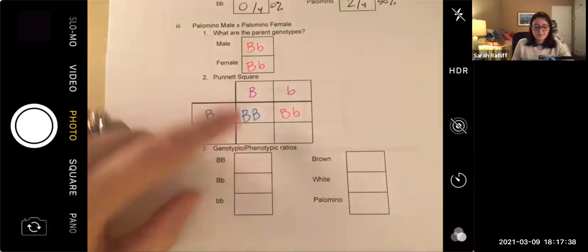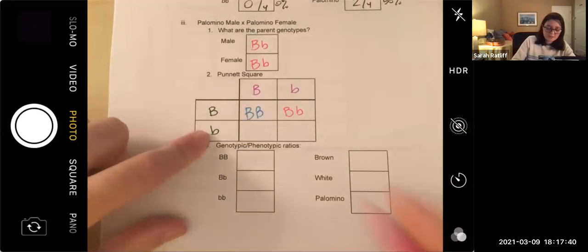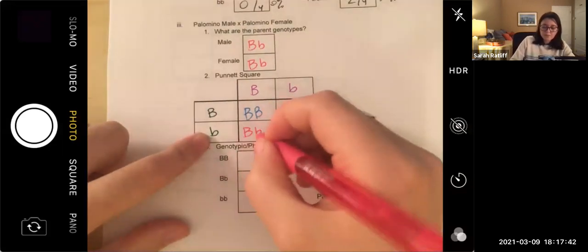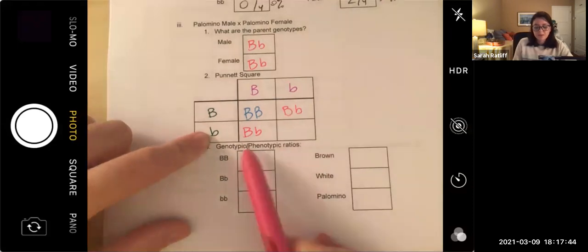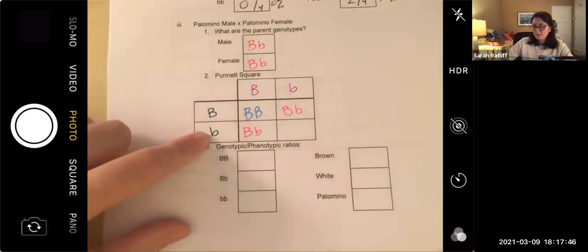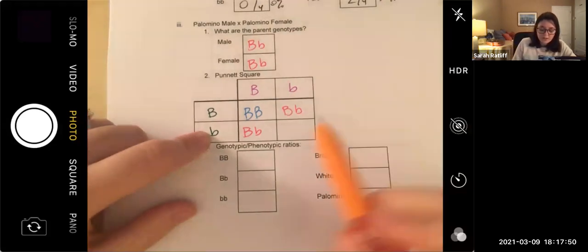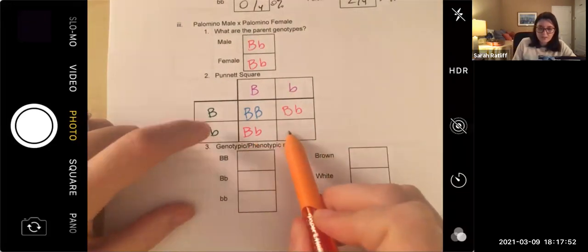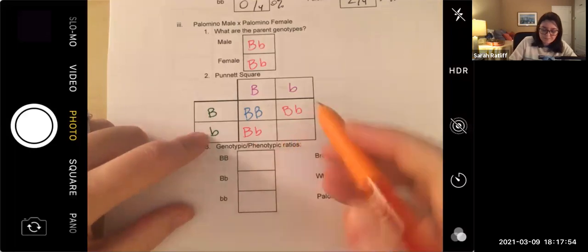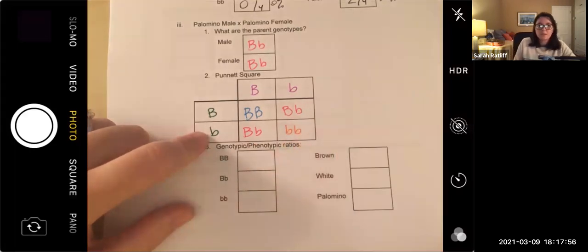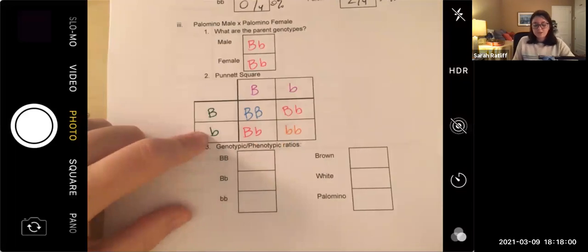Third square, big B from dad, little b from mom. We got swapped there compared to the last one, but we still end up with our heterozygote. And lastly, I think it's orange, we have little b from each of our parents, little b from dad, little b from mom. Little b, little b. We did it. We found all of our children.